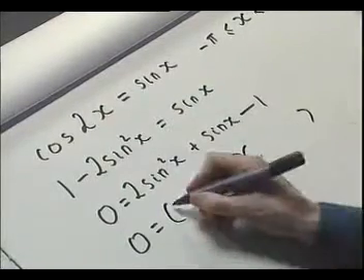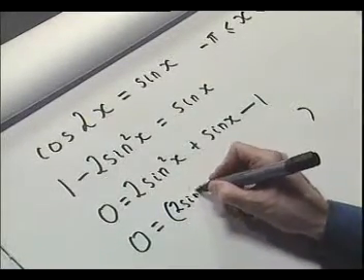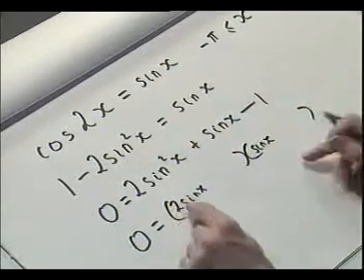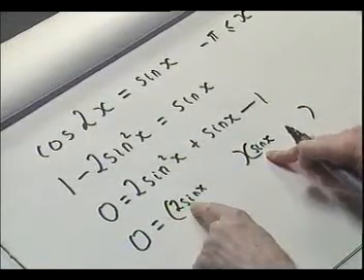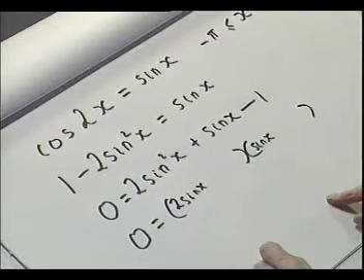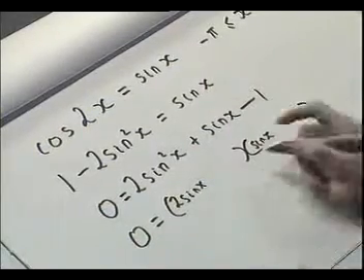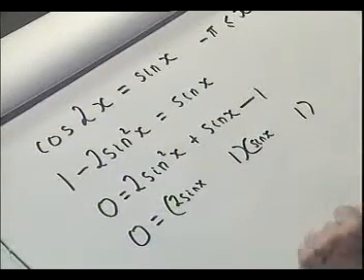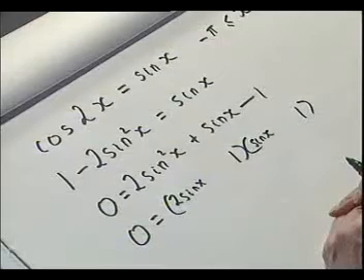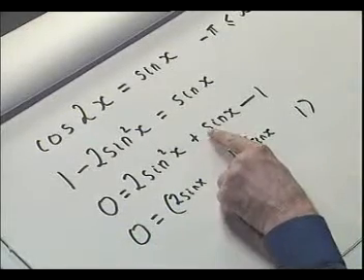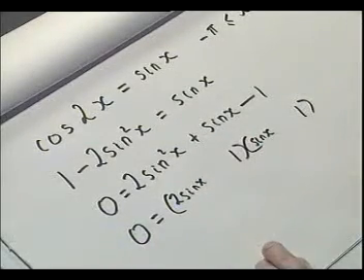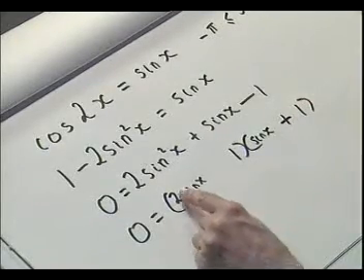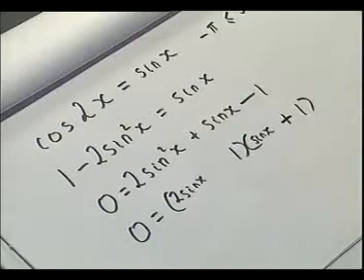2 brackets, 2 sine x and sine x. When multiplied together, these two will give me the 2 sine squared. I need minus 1, so let's pop a 1 into each bracket. And one of them's got to be plus and one minus. I need plus sine x in the middle. So I'm going to make this one plus 1, so I get plus 2 sine x.